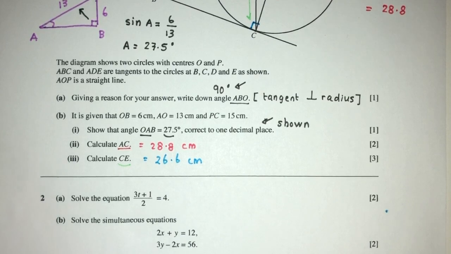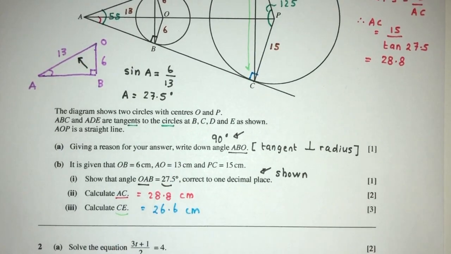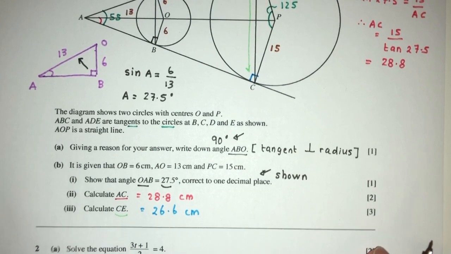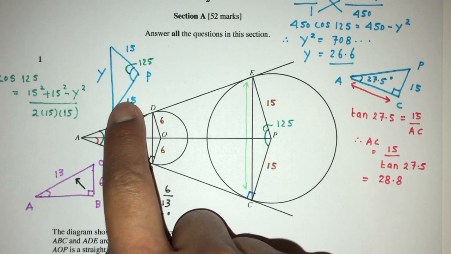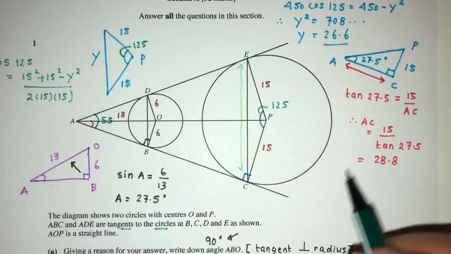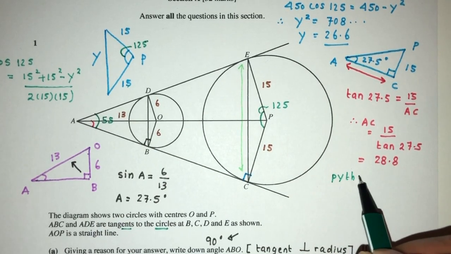So the main point here is that we have to understand tangent to a circle. What does it mean? What can we use that for? And also we had to understand when to use the cosine rule, or how we can use right angle triangles to find this. Whenever you have right angle triangles, we can use the Pythagoras theorem.